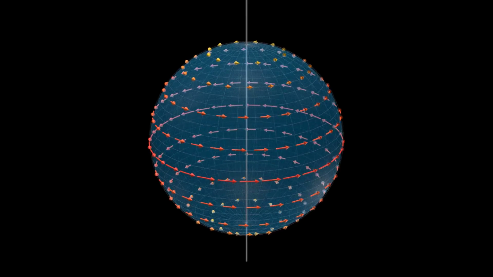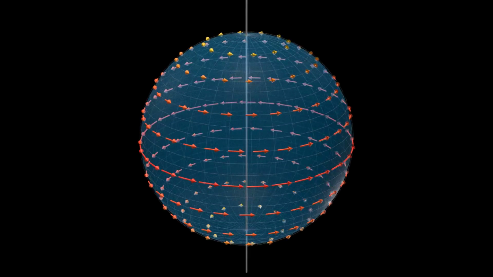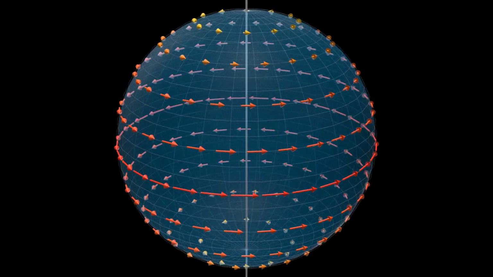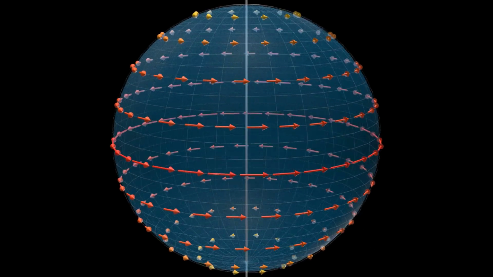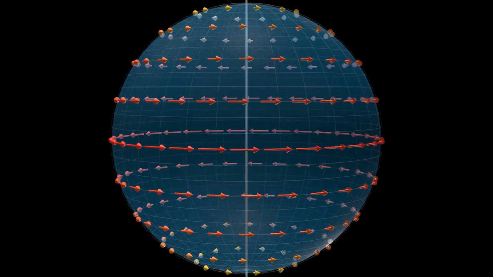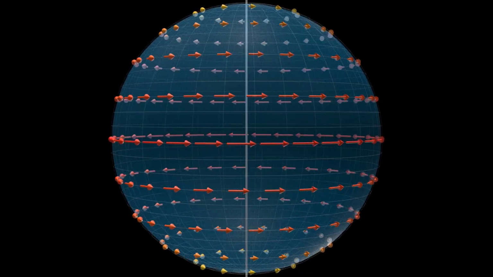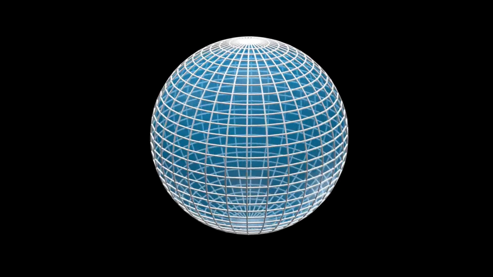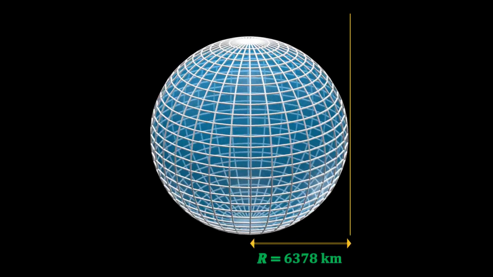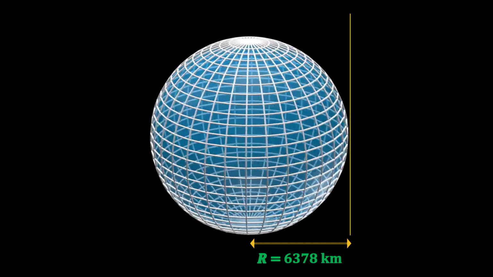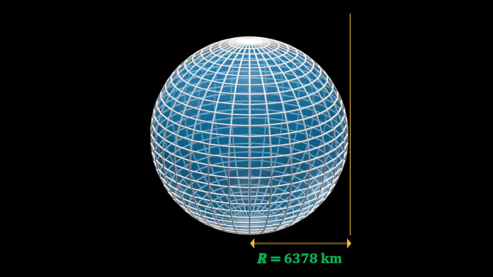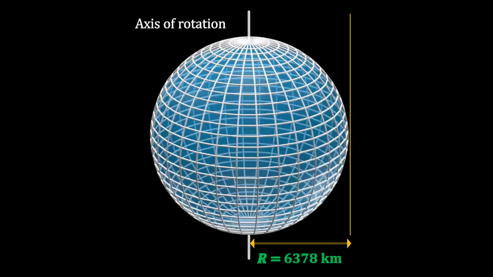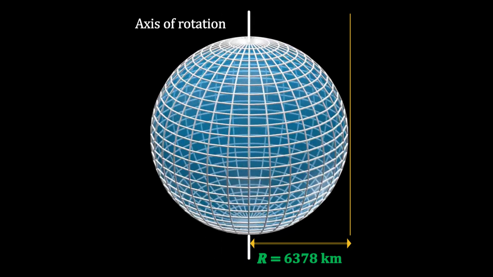In this video, we are going to learn how to calculate the speed at which a point on the surface of the Earth moves due to its rotation. The Earth can be considered as a sphere with radius 6,378 kilometers, and it is rotating around its axis of rotation.